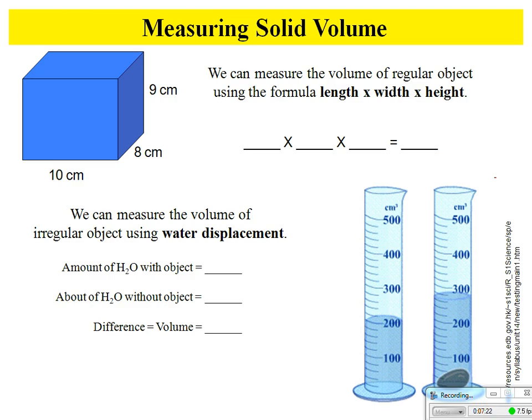So if we were to take a look at the cylinder to the right, we would see that it's probably at about 260 milliliters. We take the difference, so we take 260 minus 200, and we find out that the volume of that rock is 60 milliliters. I forgot to give you the answer to the cube above. All you need to do is multiply those two, so 9 times 8 is 72, times 10, our answer is 720 cubic centimeters.